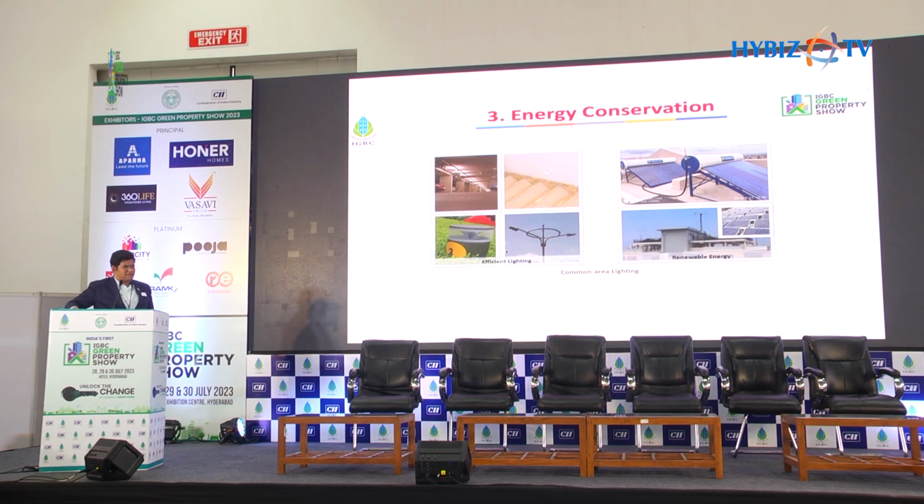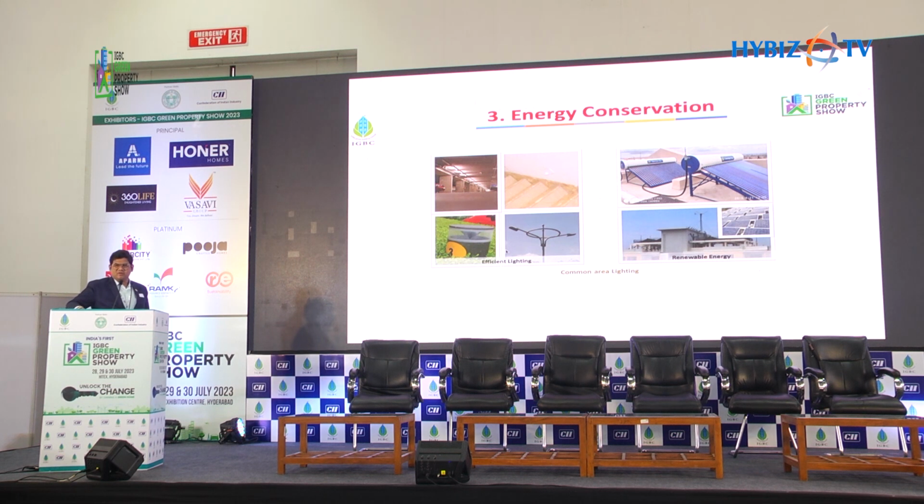Also, we can conserve more energy by implementing energy efficient fixtures in your property. Like instead of using incandescent bulbs or tube lights, right, we can move on to LED lights, LED fixtures, which consume less power. And then we can use renewable energy for our needs. Like we can have solar PV cells which generate a significant amount of solar power, at least which you can use for your common area lighting and common area properties itself.